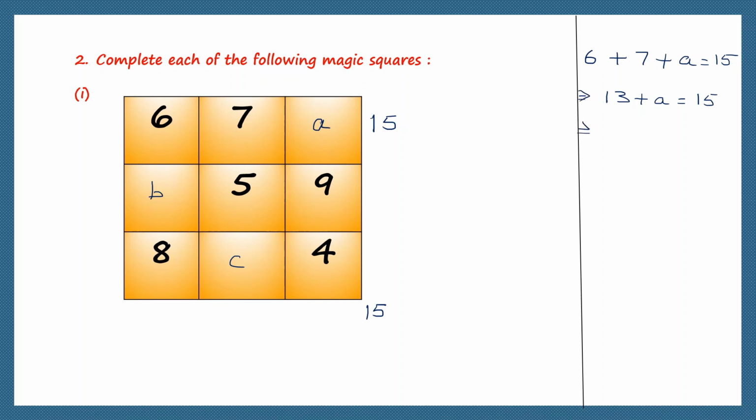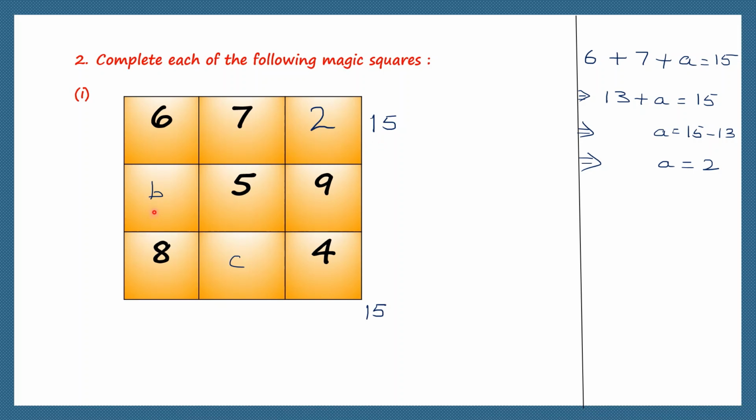So now we can find the value of A. A is equal to 15 minus 13. 15 minus 13 is 2. So we have found the value of A. So let's write that here. The value of A is 2. Now add up and see. 6 plus 7 is 13. 13 plus 2 is 15.